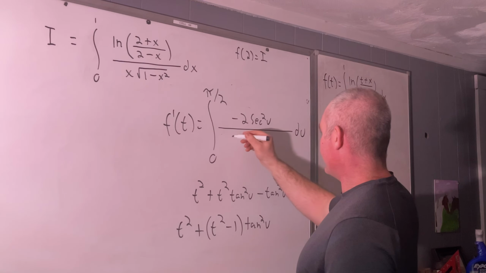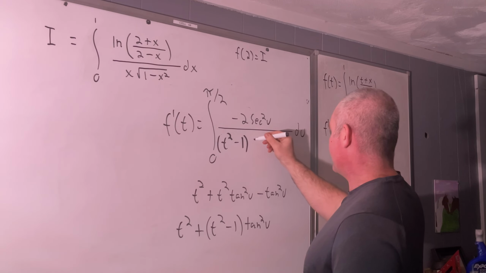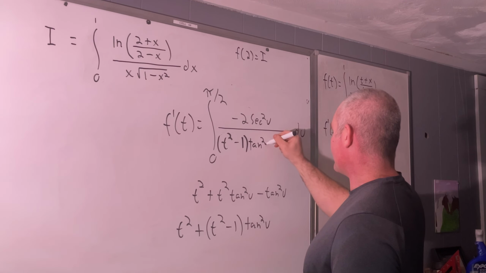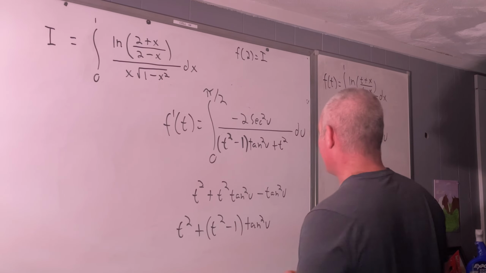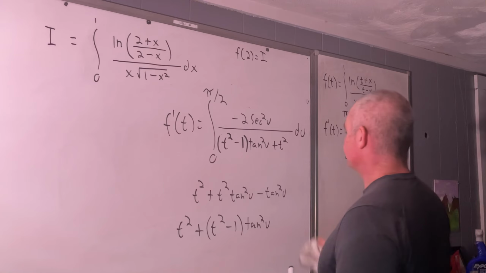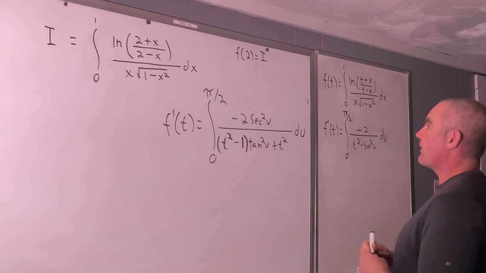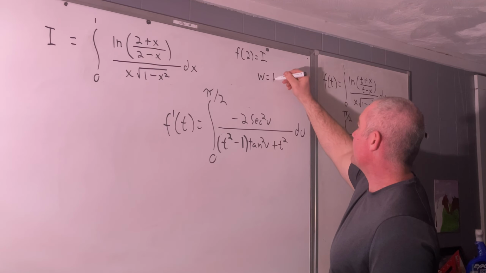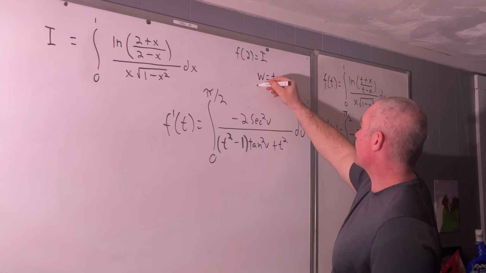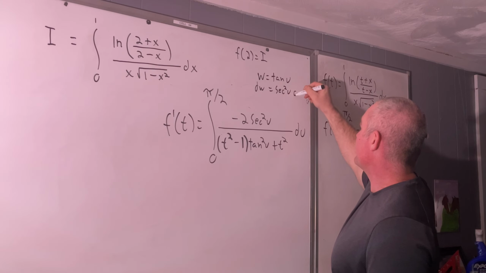So we're going to have t squared minus 1 tangent squared u plus t squared. Okay. And now we'll perform another substitution. We will let w equal tangent u, therefore dw is equal to secant squared u du.